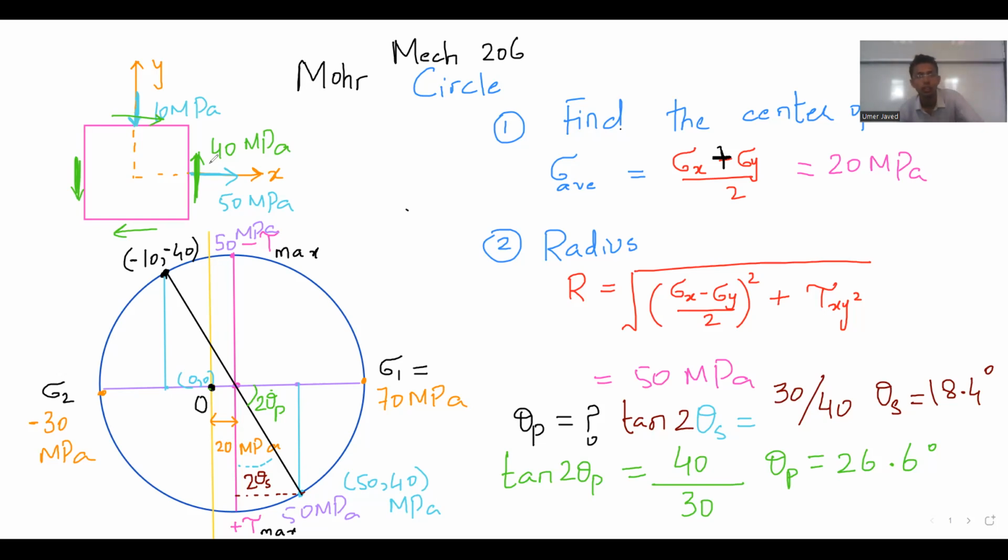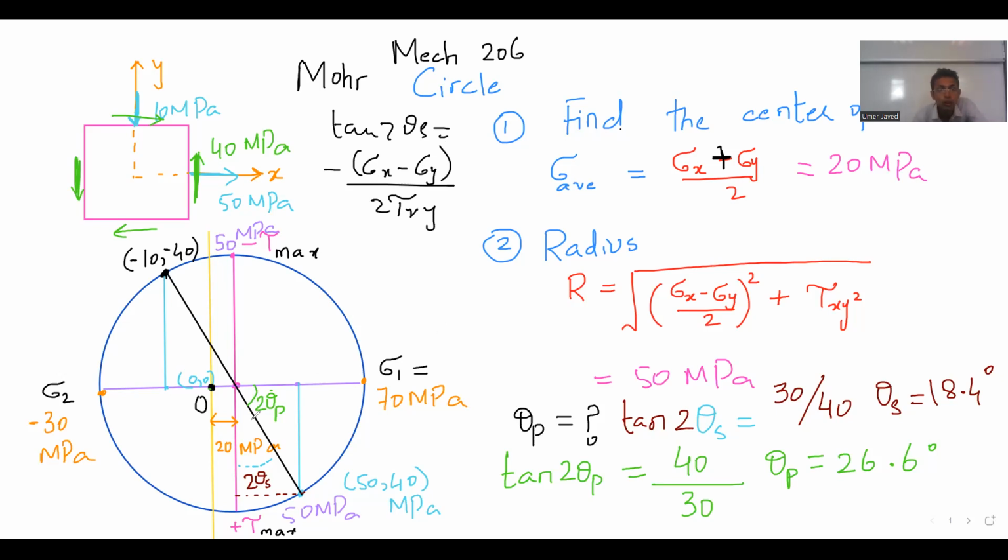No, no one is doing it. Minus (stress x minus stress y) over 2 tau xy, tan 2 theta s equal to... So stress x is 50. How much? Minus 18.4. Oh, that's fine. Very good. Minus 18.4 is correct, right?